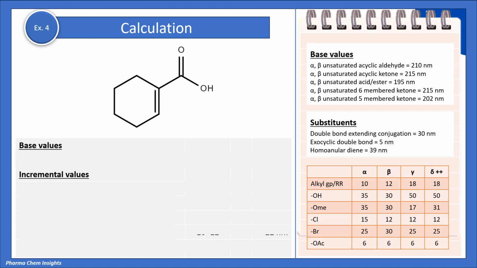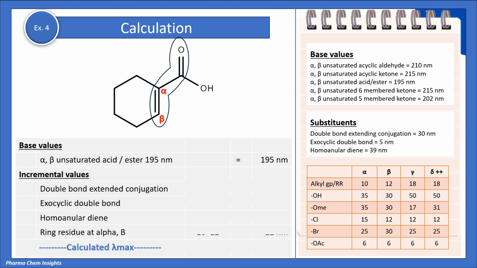Let's move to example 4. So here, let's name the carbons first. We have, okay, alpha beta unsaturated carbonyl compound, hence the base value is 195 nanometer. Let us see the increments.